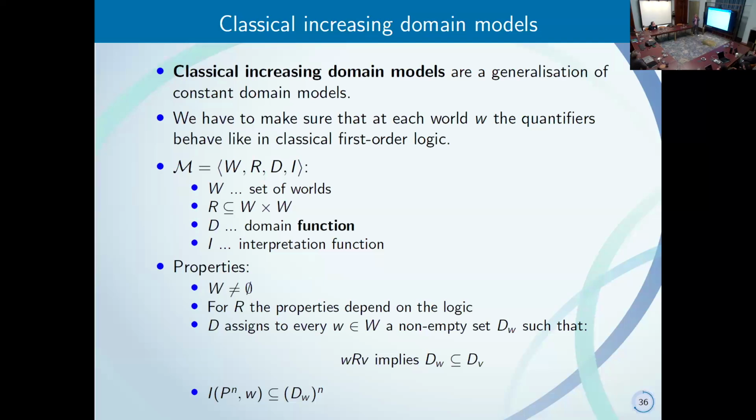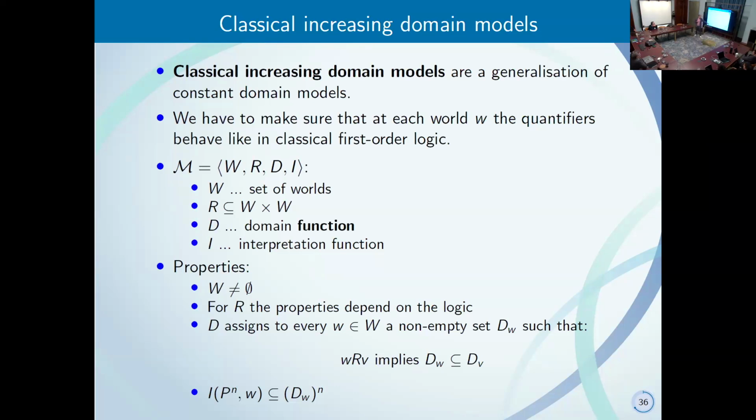With only this one, we can get rid only of the Barcan formula. So the interpretation is also assigned to the world. If an element in the domain has a certain property at w, this can only happen for elements in this domain.